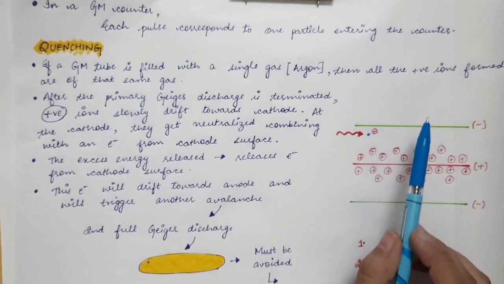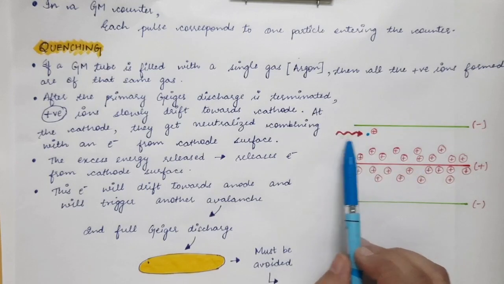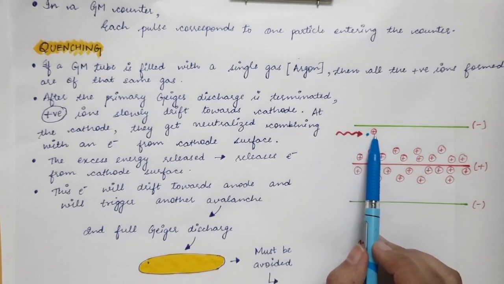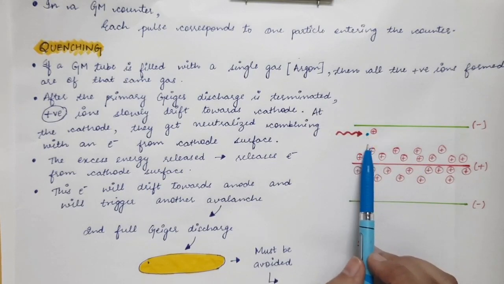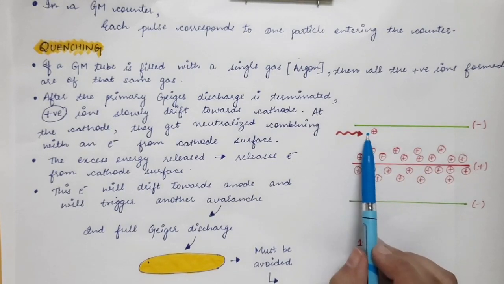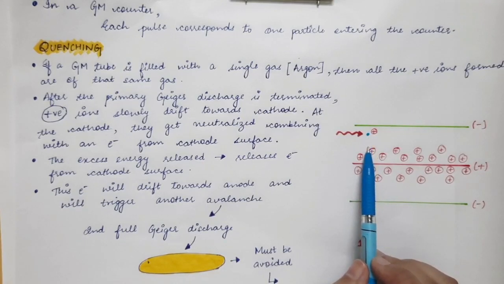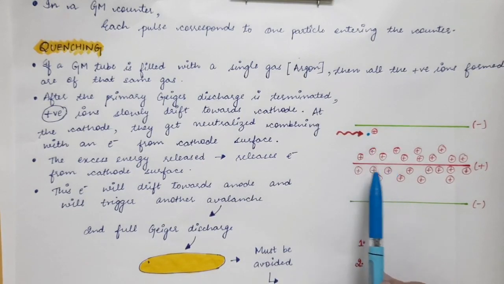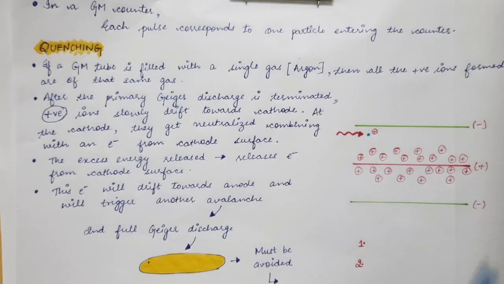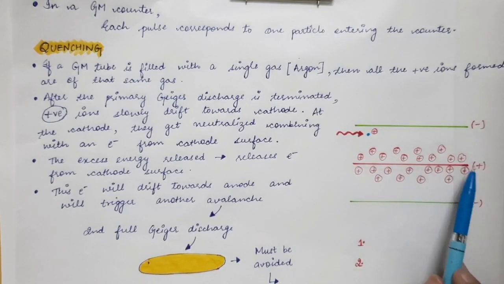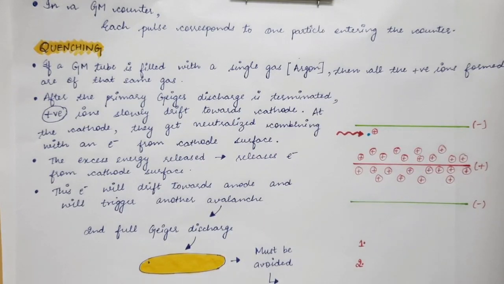When the ionizing particle entered the GM tube, there was one electron and a positive ion, and as this electron drifted towards the anode wire, its velocity and kinetic energy increased, due to which a large number of avalanches occurred and a large number of electrons eventually reached the anode wire.